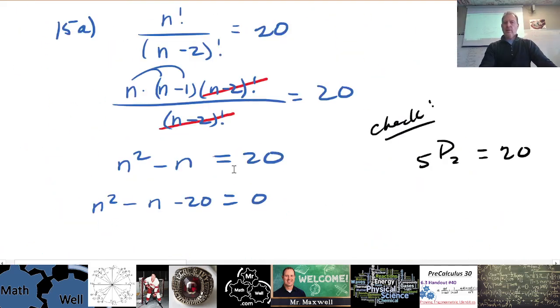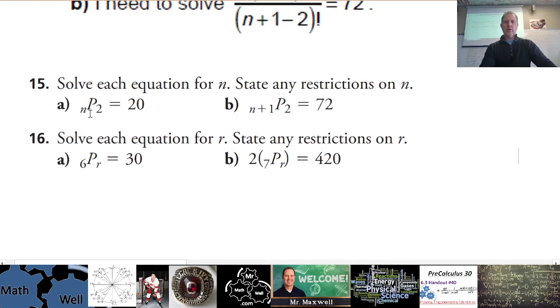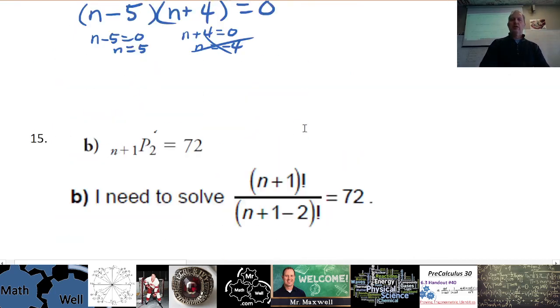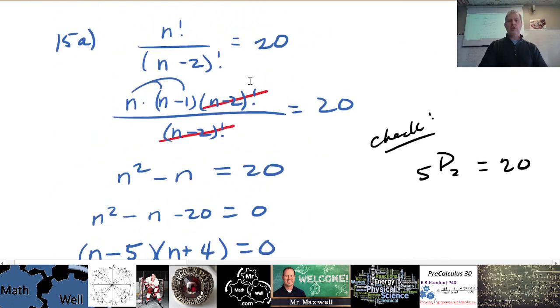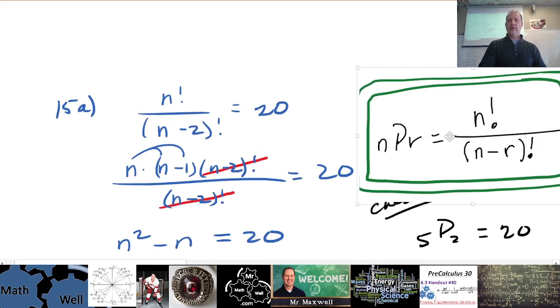So you're going to want to fill in what values you can. Here for this one, nP2 equals 20. We actually did this one the other day, so I'll just show you the working of this one. The permutation formula looks like this over on the right. So n is just n, and r is 2. So the bottom looks like (n minus 2) factorial.